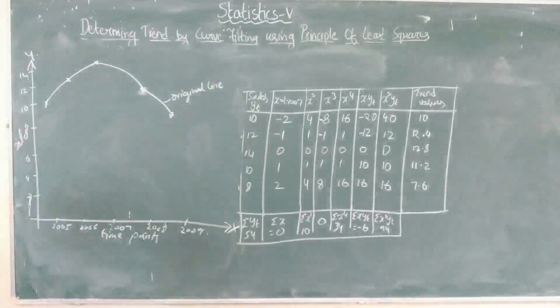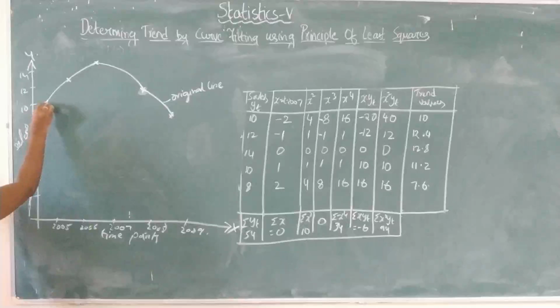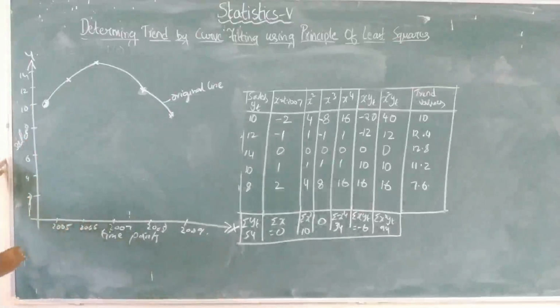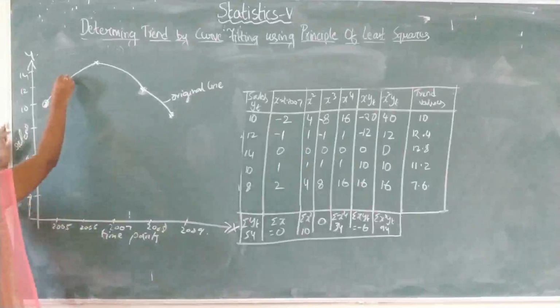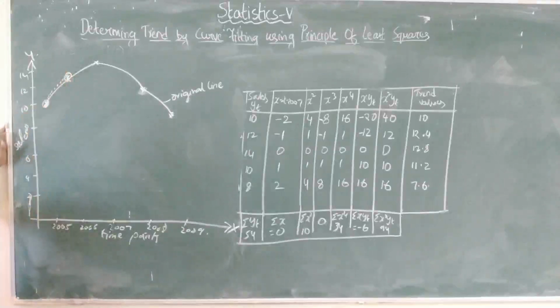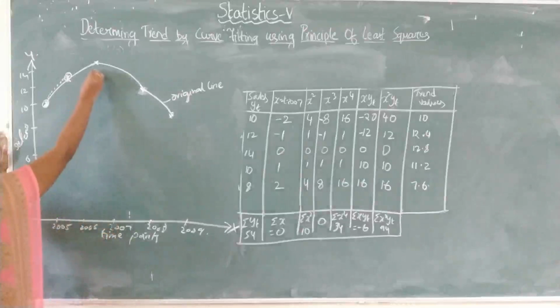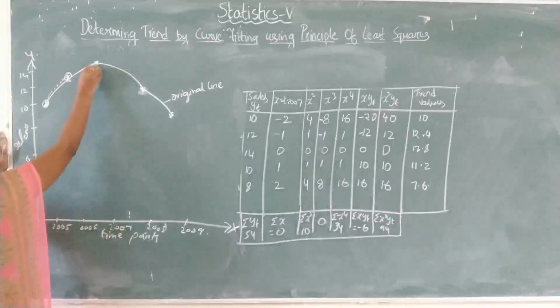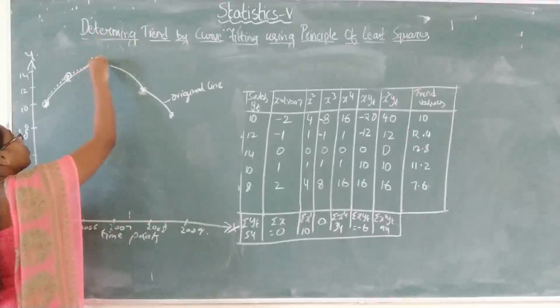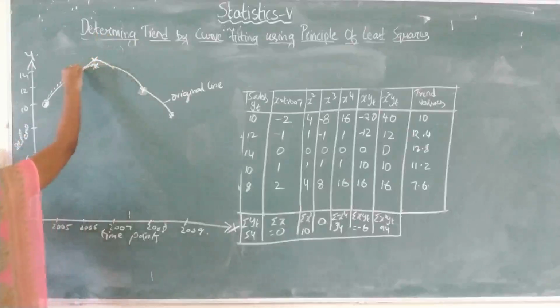So first value is 10, so as it is, we get the point here. Next value is 12.4, which is just about 12, so join it with the dotted line. Next value is 12.8.